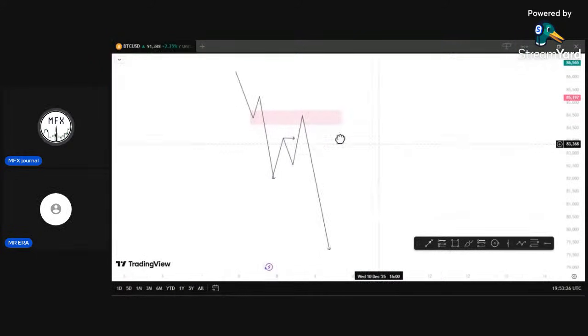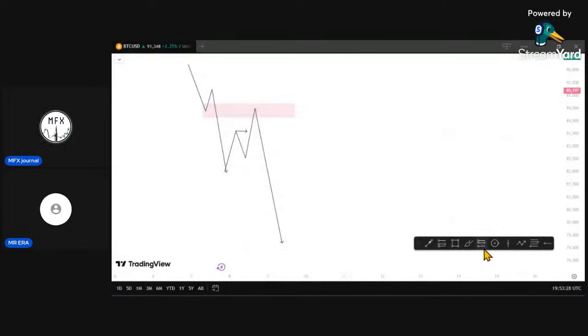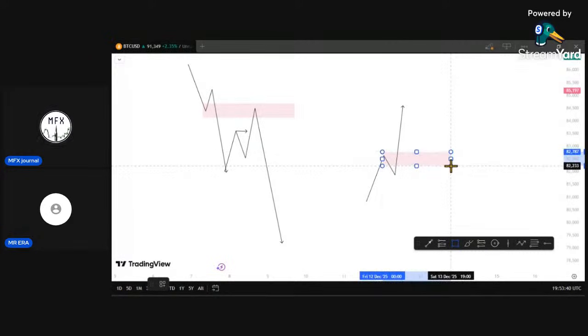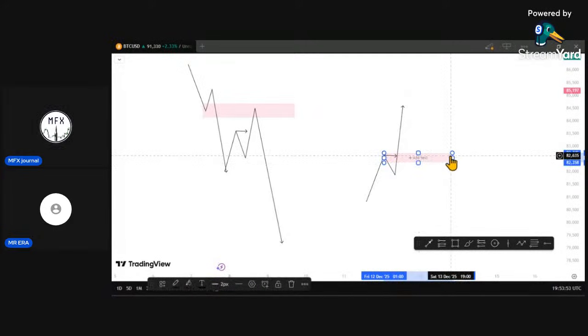The second POI, let me just do it the opposite way so that we bring balance to it. For this case right here, this is the breaker. There is one important thing that you need to know. Whenever price breaks a high, the body of the candlestick that broke the high will serve as the breaker.